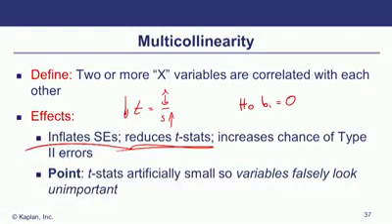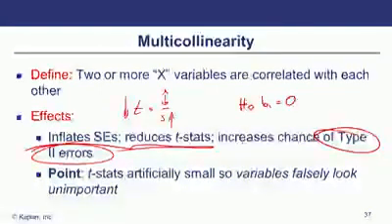So this kind of thing increases the chance of type 2 errors. You may remember type 2 error is when you incorrectly fail to reject a null hypothesis that was actually false and should have been rejected. All right? So the t-stats are artificially small.